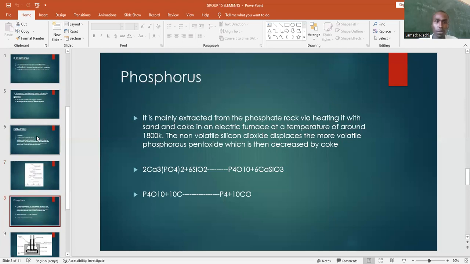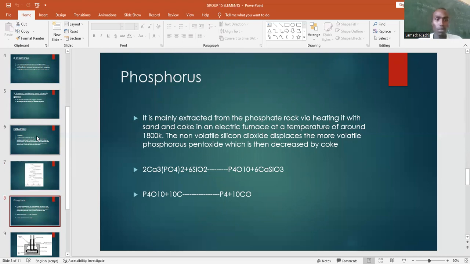Phosphorus is mainly extracted from phosphate rock by heating it with sand and coke in an electric furnace to a temperature of around 1800 Kelvin. The non-volatile silicon dioxide displaces the more volatile phosphorus pentoxide, which is then reduced by coke.